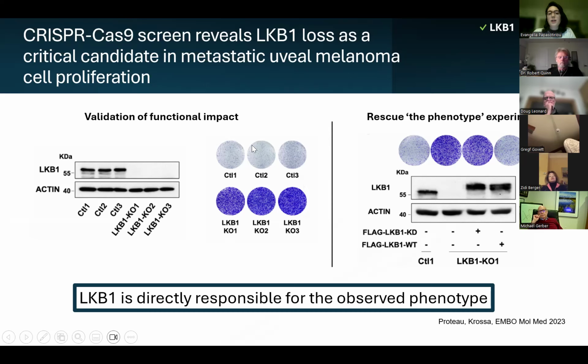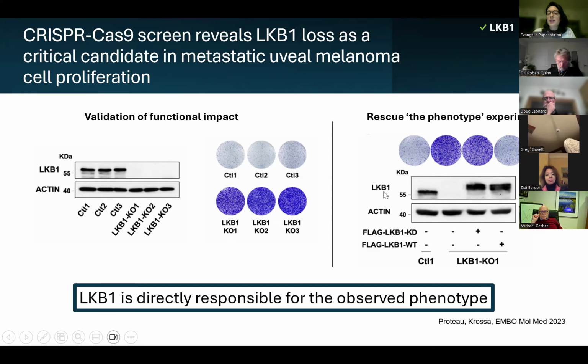Usually for this type of result, we want to have a rescue experiment, which shows the causality. It is an experiment that shows how we can restore the phenotype by adding back the gene, and shows the specificity of this phenomenon upon the deletion of the candidate LKB1 in this research work.